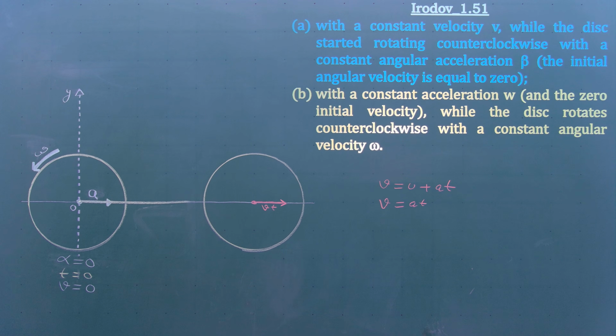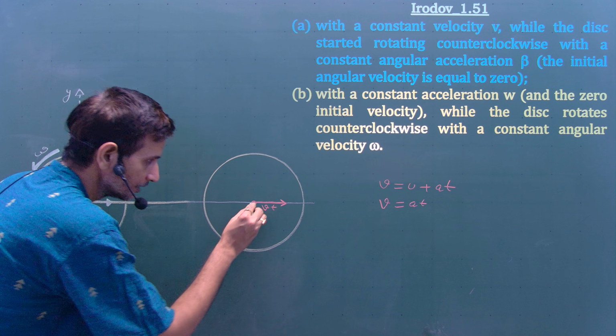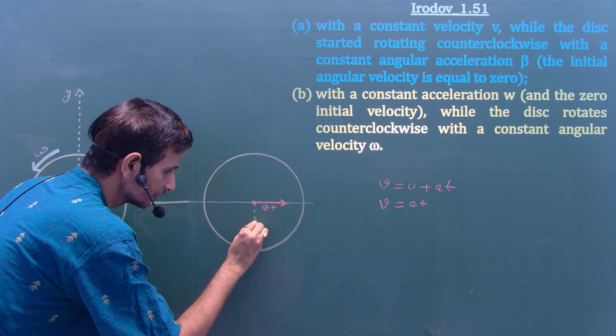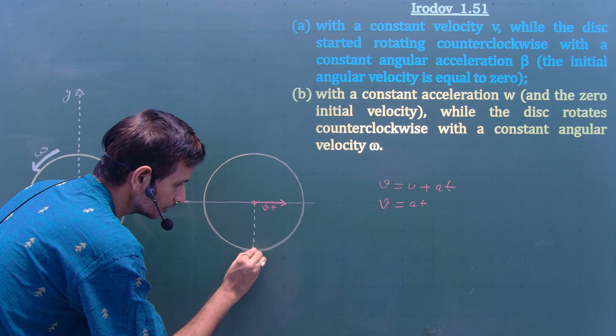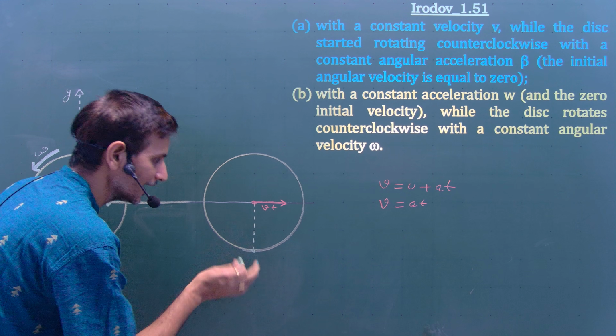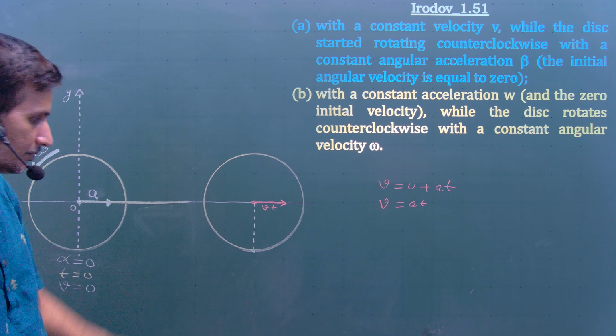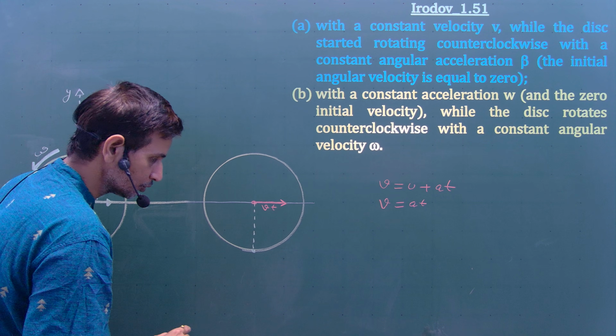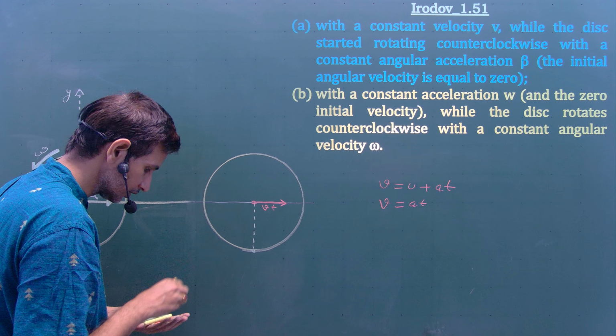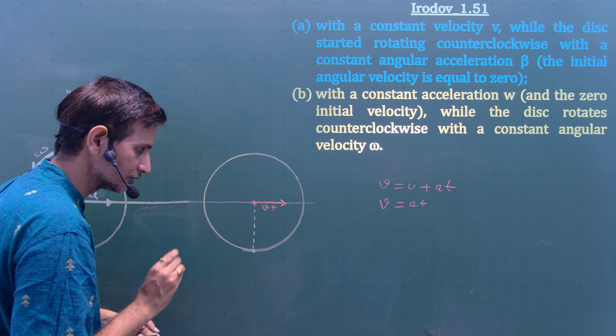Now you can take randomly any point and find the velocity of that point. For simplicity, I just calculate the velocity of the lowest point of this disk, as calculated in the first part. What is the velocity of this point? This point has two parts of velocity, one due to translation and the other due to rotation.